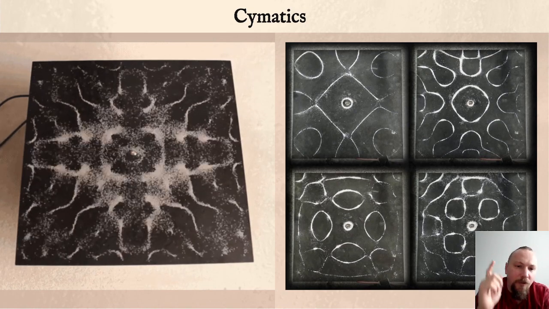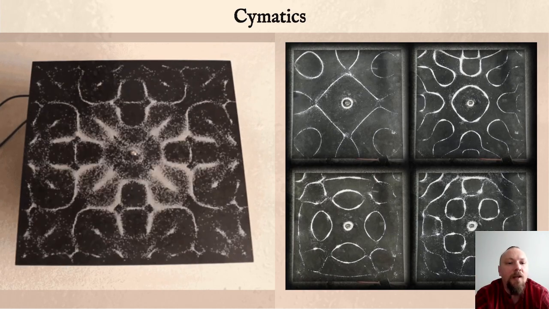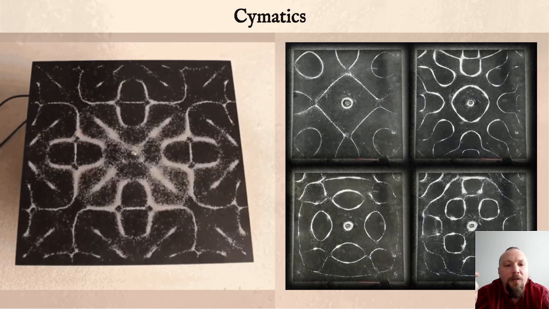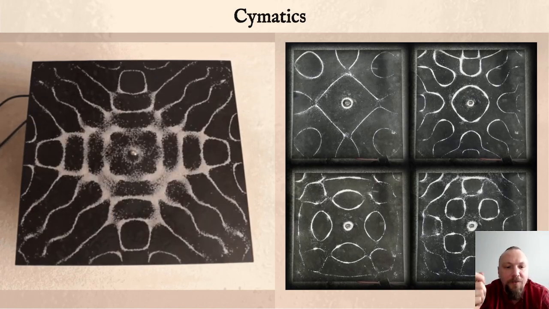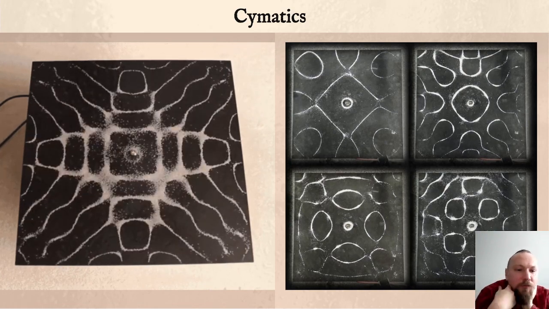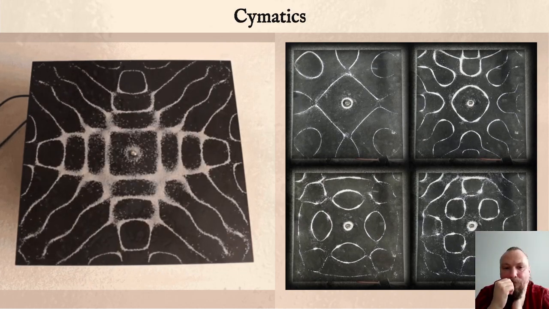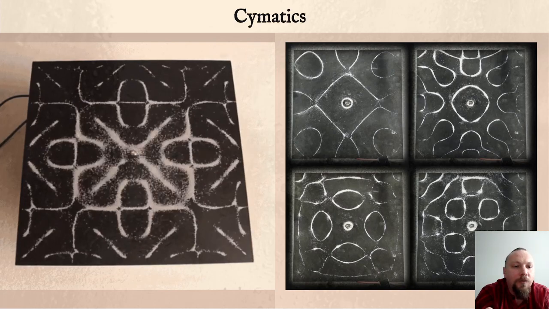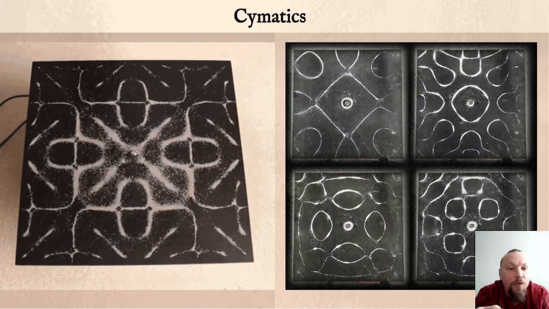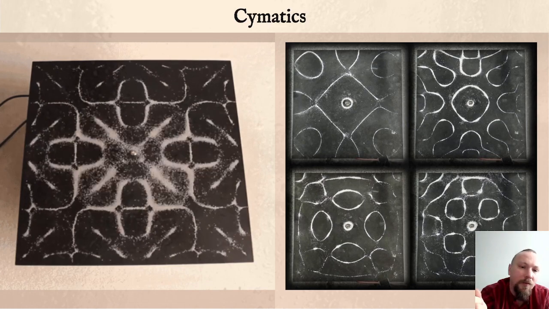So on the left here, we've got a flat plate, and the plate is vibrating. And when the plate vibrates at certain frequencies, it creates these cymatic patterns. What we've got in this case is grains of rice just scattered on the top of this plate. And then we've got a person basically playing a tone through the plate. And when they switch from one tone to another, you see these different cymatic patterns.